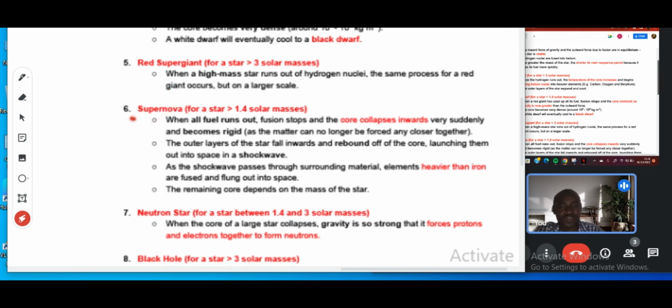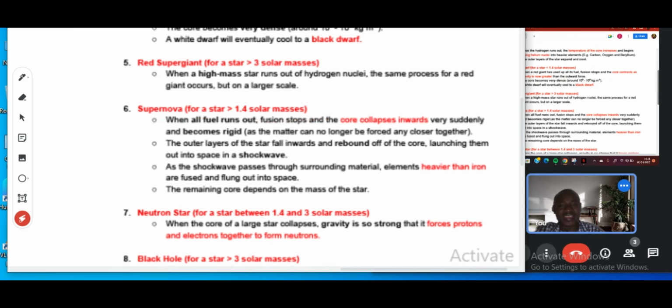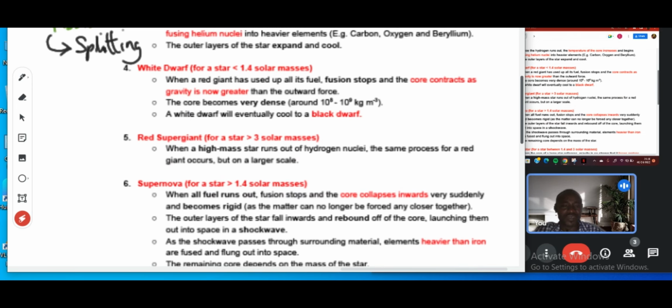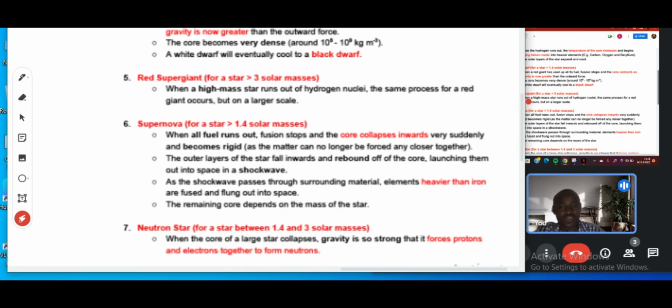This supernova usually occurs when the star is greater than 1.4 of the mass of the sun. And then, of course, all the fuel has run out and fusion has stopped and the core is collapsing inwards very quickly and suddenly, making the core become very rigid, so dense, because there's an extent you will push something.